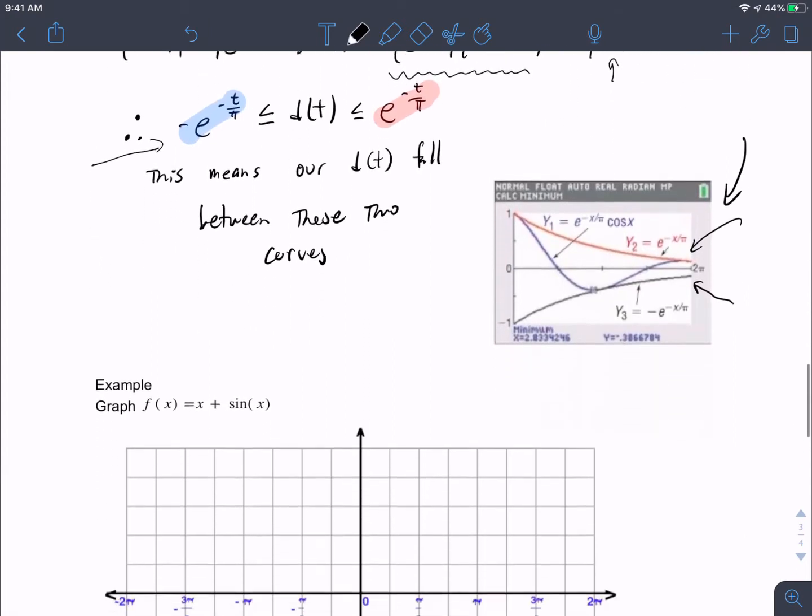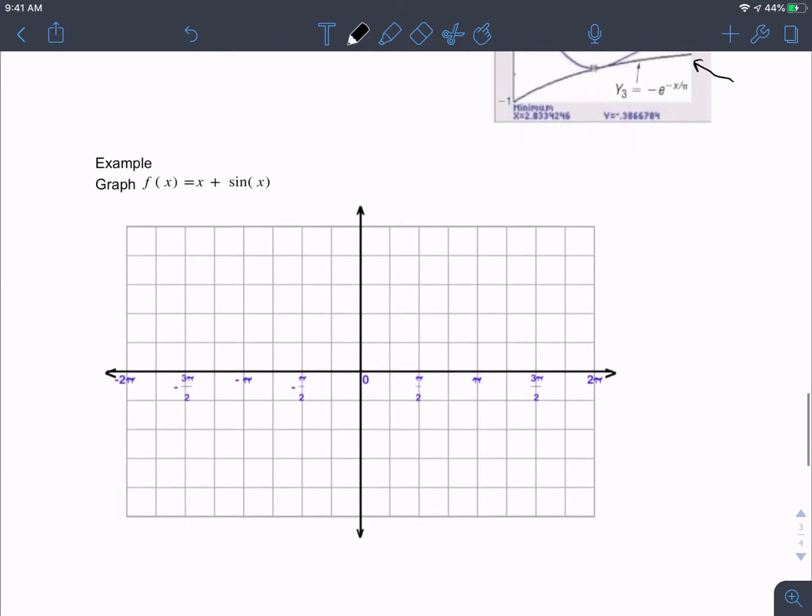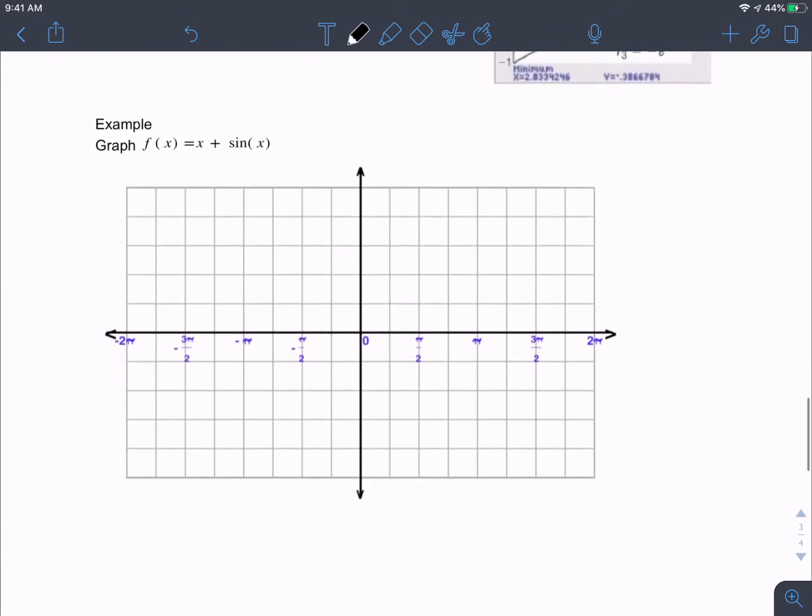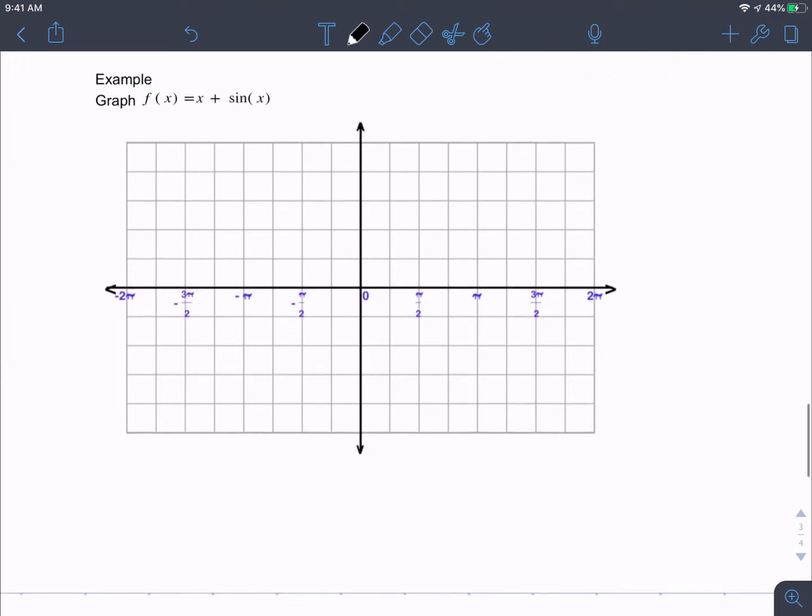Okay, let's do another example, and this example is adding up two functions, and so we can think of this as two separate functions, x and sine of x. And so the way that I'm going to do this is I'm going to make a table. I'm going to say x, sine of x, and then x plus sine of x so you guys can graph this.